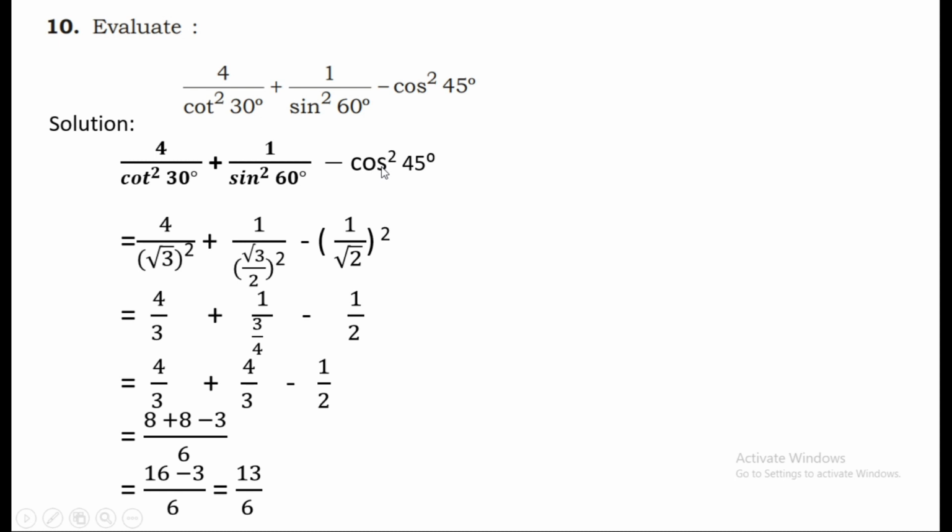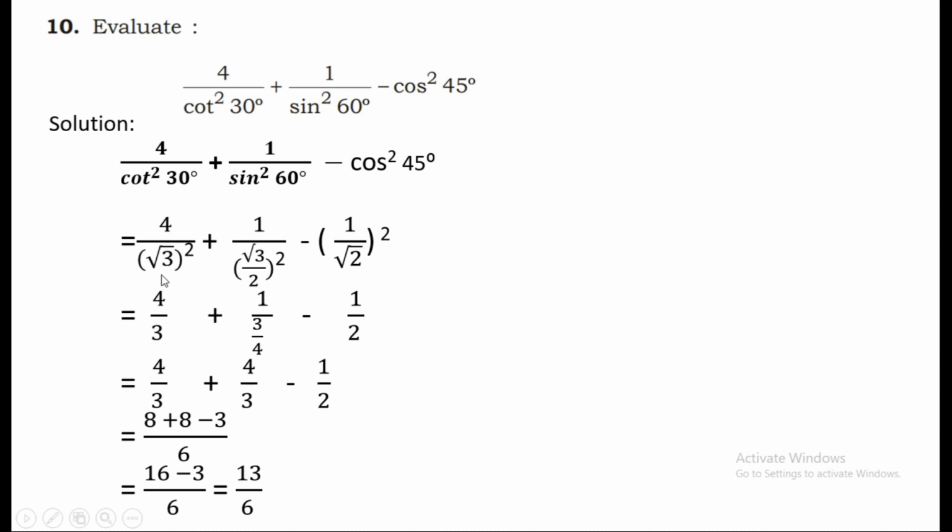Minus cos square 45 is 1 by root 2 whole thing square. When I say whole thing square, it means my numerator is also squared and my denominator is also squared. So 4 by root 3 whole thing square. So we know that root 3 square is 3.